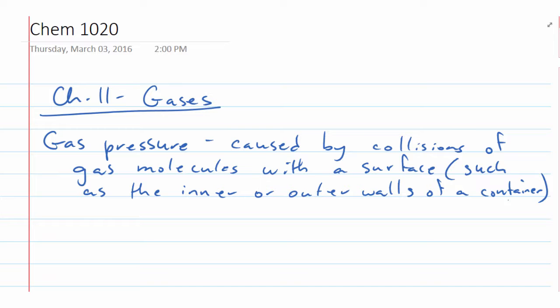So if it's 1 square inch and this weighs 14.7 pounds, that means when it sits on this floor, it's exerting a pressure of exactly 14.7 pounds per square inch, and that's what the atmosphere is exerting on us all of the time.